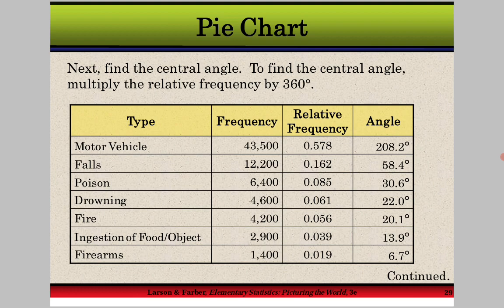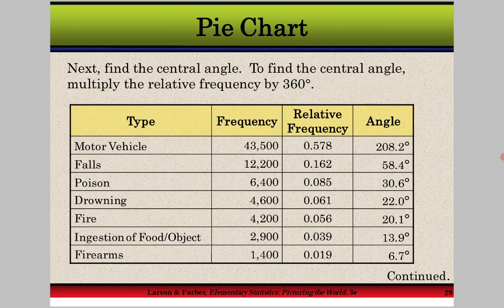In the next category, falls, 0.162 times 360 degrees is 58.4. In poisoning, 0.085 times 360 is 30.6 degrees. In drowning, 0.061 times 360 degrees is 22 degrees.